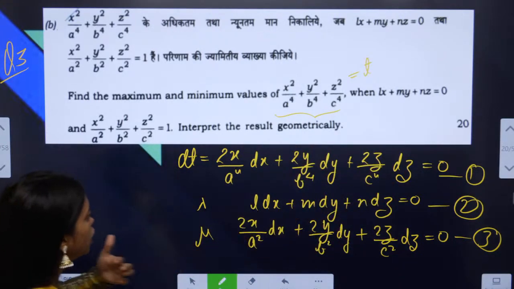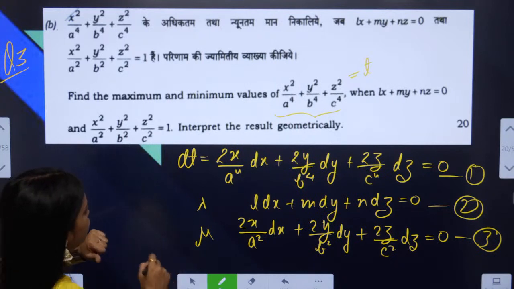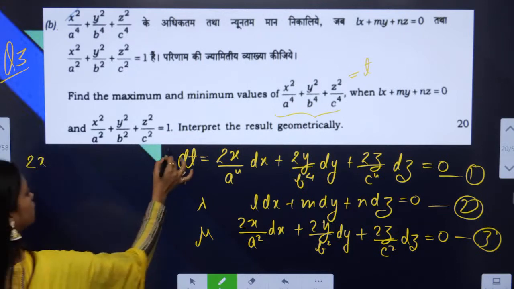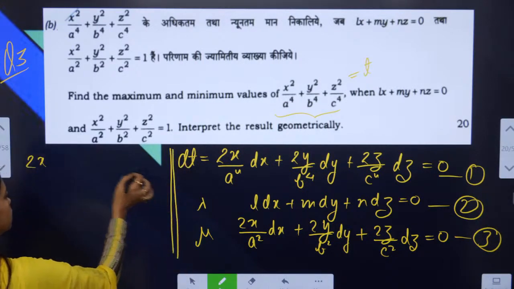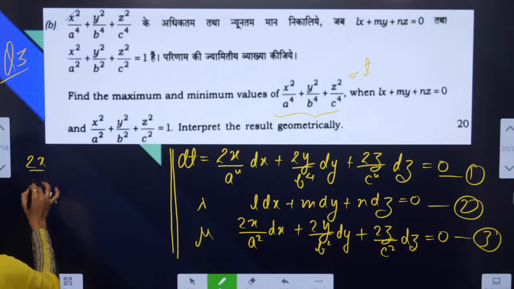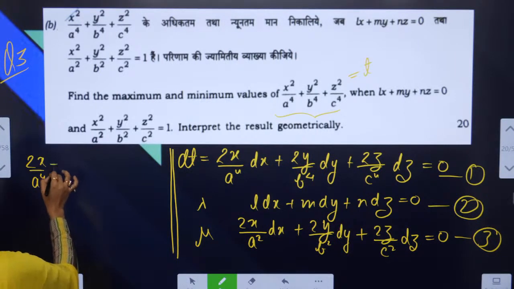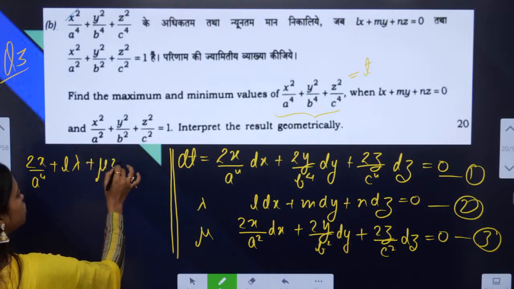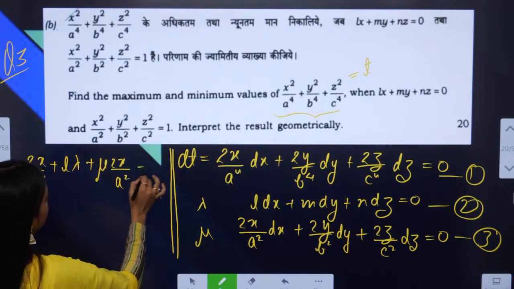This is your job. So, if you multiply, this becomes 2x upon a raised to the power 4 plus L lambda plus mu times 2x upon a square equals 0.